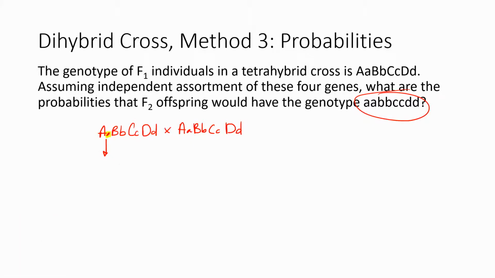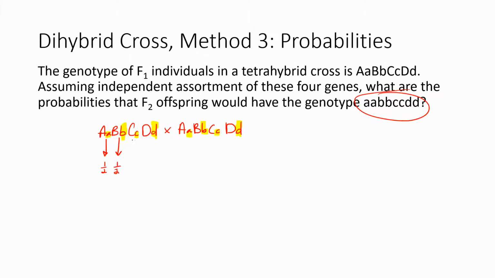Well, that probability, and I'm going to highlight all the alleles that we're looking at the probabilities for, just so I don't have to keep going back and forth between the pen and the highlighter, because it's a pain. All right, the probability of getting that recessive allele is 1/2. It's 1 out of 2 chance. Out of this capital B and lowercase b, the probability of my getting the recessive allele is 1/2.